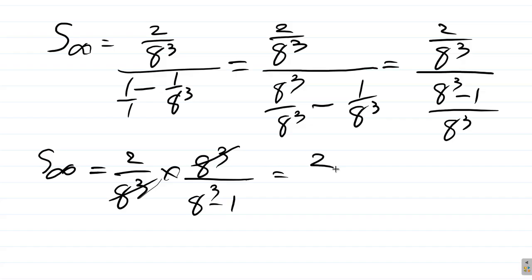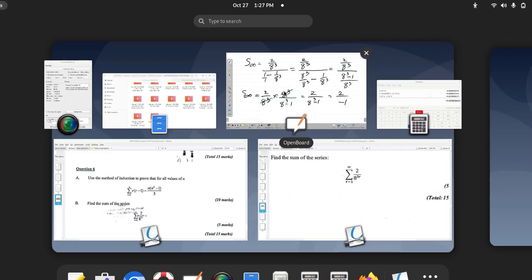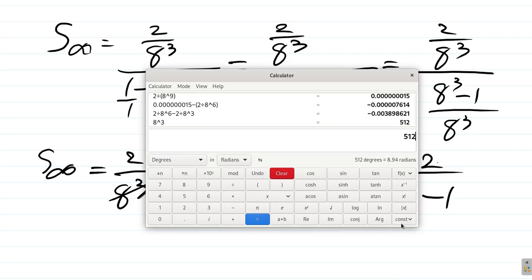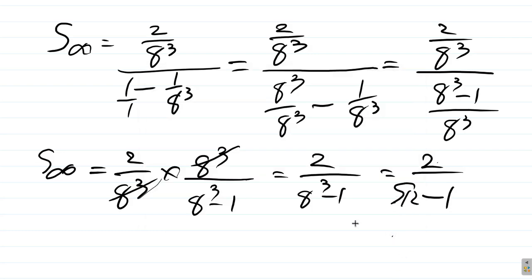So what you have is 2 divided by 8 to the 3 minus 1. What is 8 to the power of 3? 8 to the power of 3 equals 512. So it's 512 minus 1, and the sum to infinity is equal to 2 divided by 511.